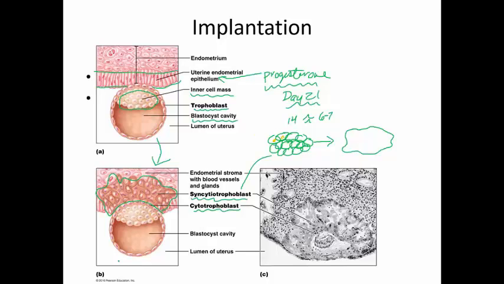So here are all these syncytiotrophoblast cells, and they break down, plasma membrane breakdown, and it becomes this big mass that we call a syncytium, a bunch of cells working together. And the syncytium is going to be invading the endometrium.